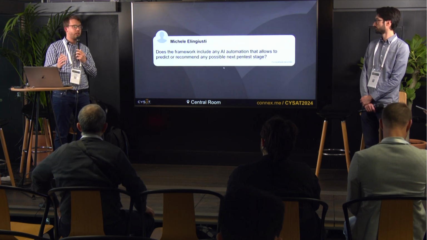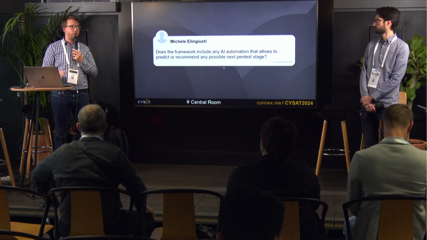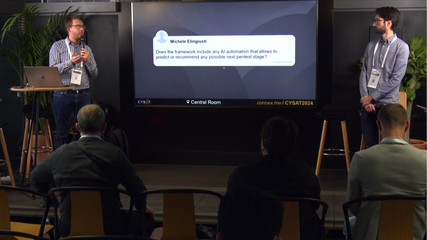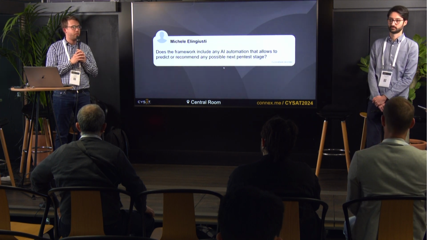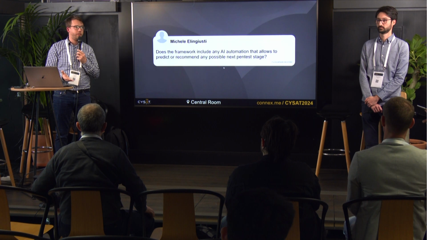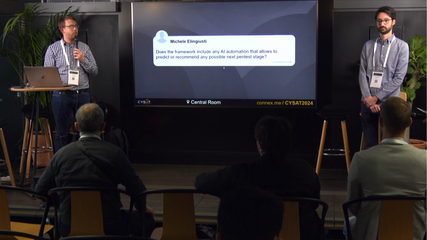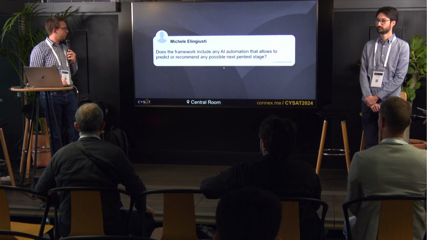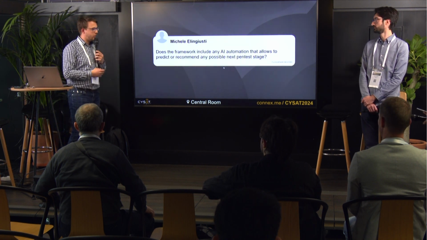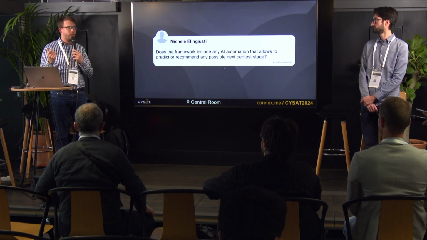Another good task for AI would be analyzing raw results in a Wireshark capture, a network capture, where you check for interesting information and so on. So it's possible, very easily actually, if you do the work.